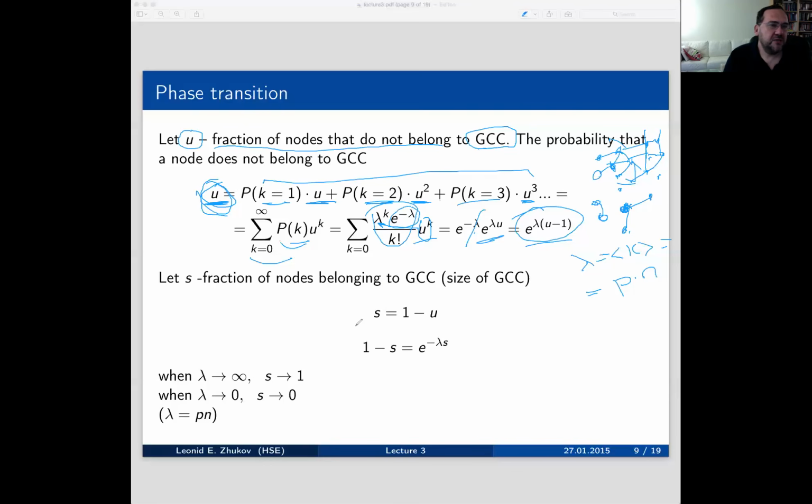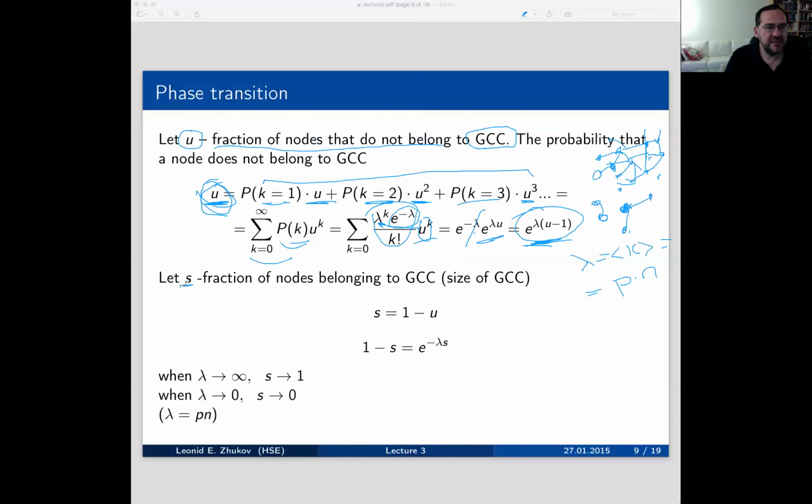Okay, so now we have an equation. Well, it's not a very easy equation to solve. We have u, and here we have the exponent with u. The way to do it is, here we're going to play a little trick to actually solve this equation. First of all, we're going to change notations, and we do it just for convenience.